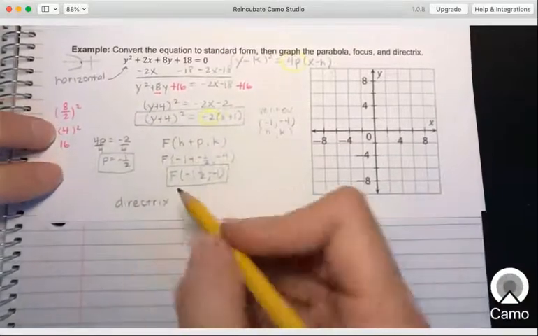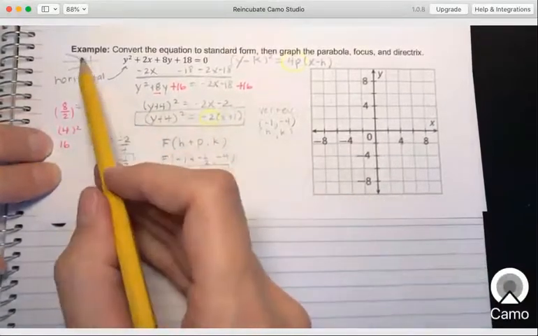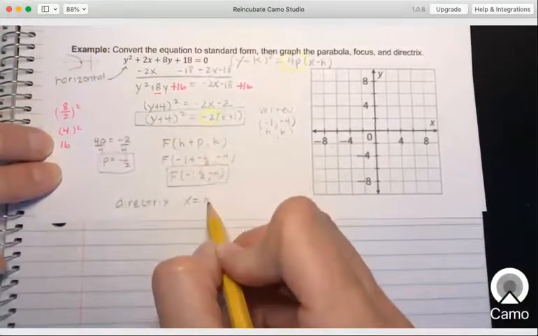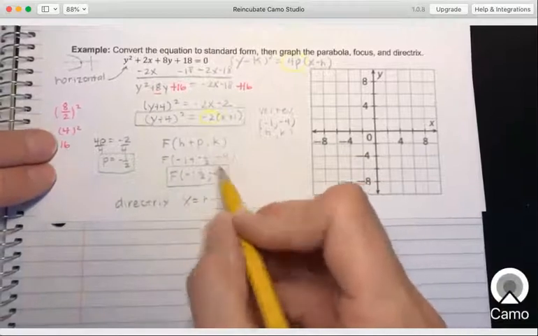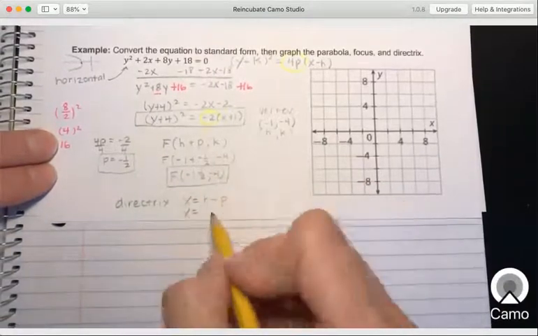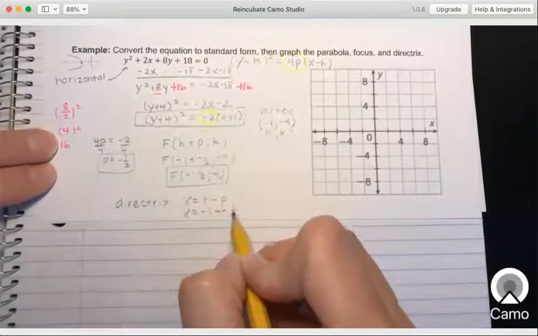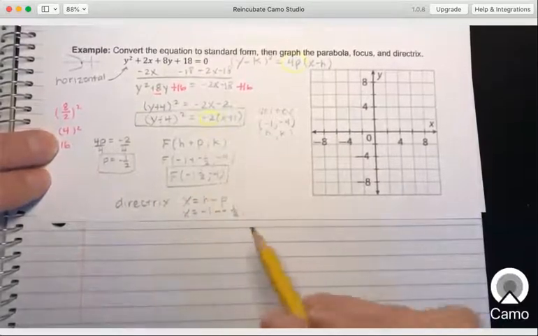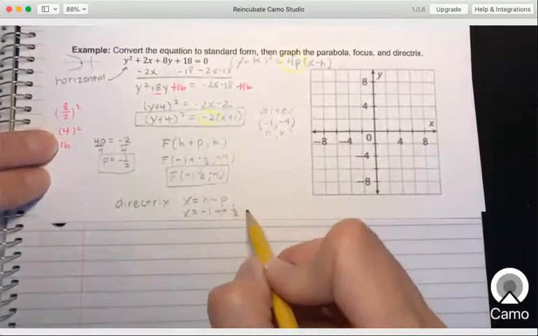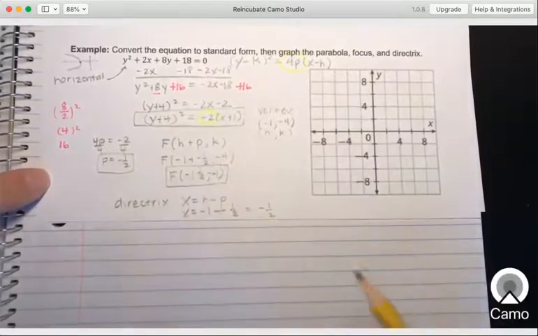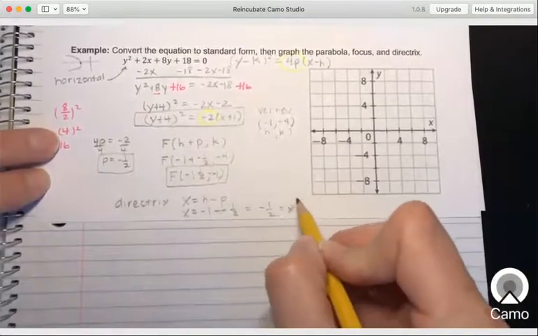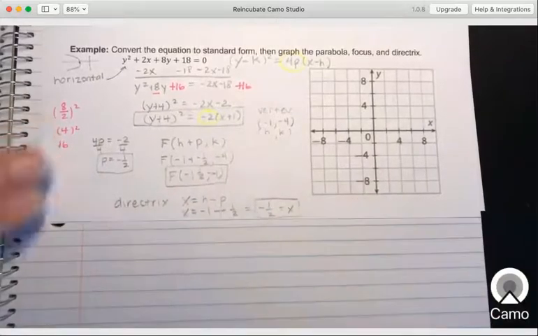And again, that horizontal movement, we start with our h coordinate, and we're going to subtract p to get that directrix value. So if we just substitute in what we know, h is negative 1 minus negative 1/2 for p. So we'll add here, and that will equal negative 1/2. So our directrix is x equals negative 1/2.